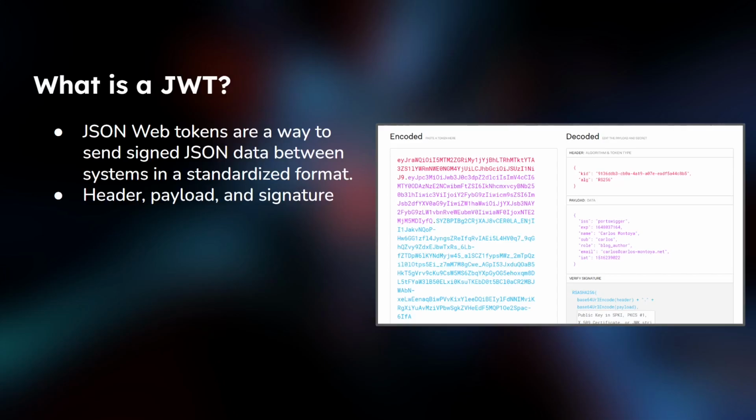So basically the header just determines what cryptographic algorithm we're going to be using to sign the token. The payload is just a claim, something we're stating as a fact. And then the signature allows the recipient of this token to verify its authenticity.